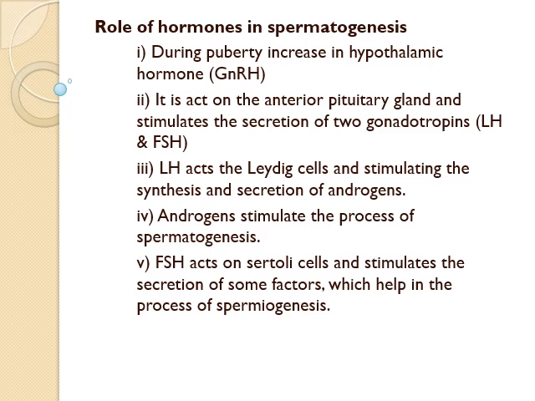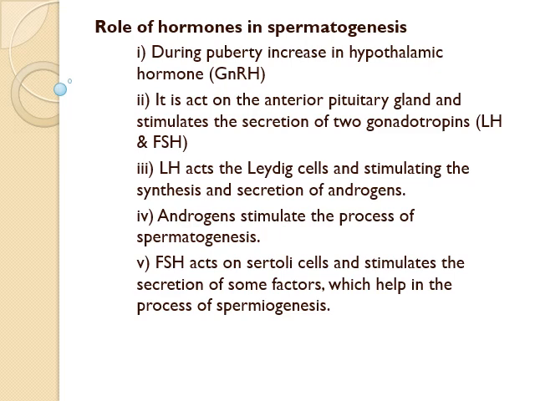They are FSH, that is follicle stimulating hormone, and LH, that is luteinizing hormone. FSH enters the testis, stimulating the Sertoli cells and the secretion of some factors which help in the process of spermiogenesis.